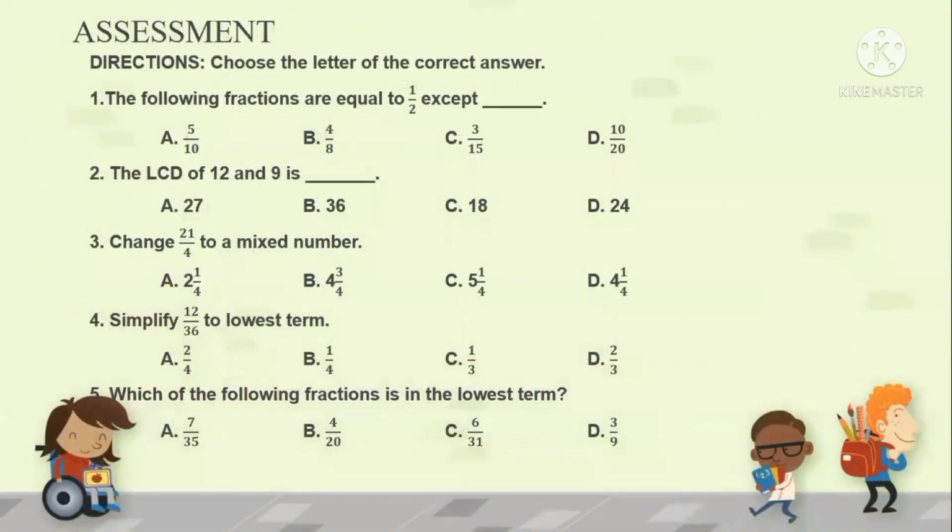This is your assessment. So just simply choose the letter of the correct answer. You are going to answer 10 items, but you need to answer these 5 first. Okay? So I'm going to give you 6 minutes to work on this.